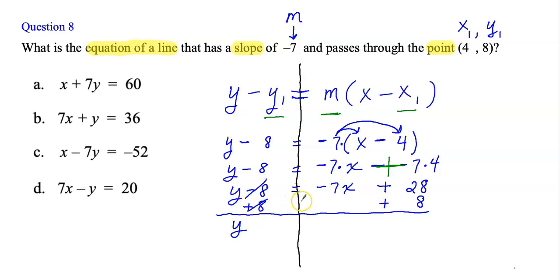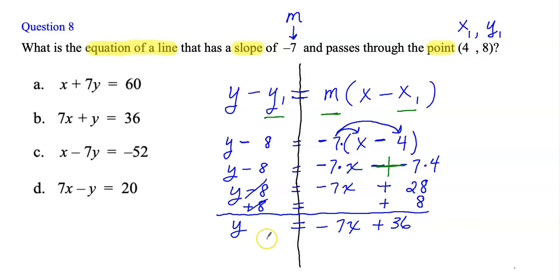Bring down your equal sign. Bring down your negative 7x. And when we combine these two, 28 plus 8 is 36. Now I can really stop here because I have a plus 36 in this equation.